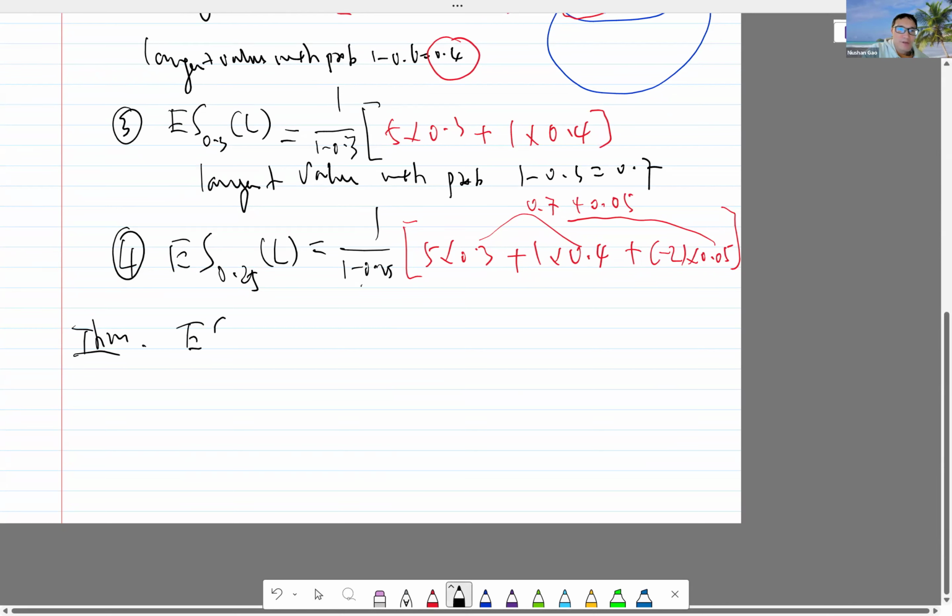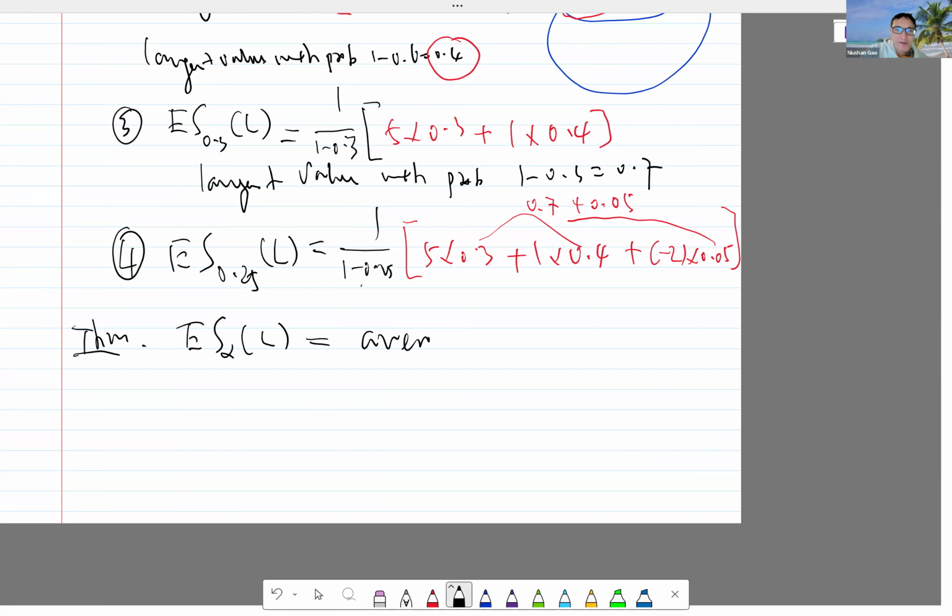The spectral form of alpha of L equals the average of the largest values of L with probability 1 minus alpha. First of all, you consider the largest values.